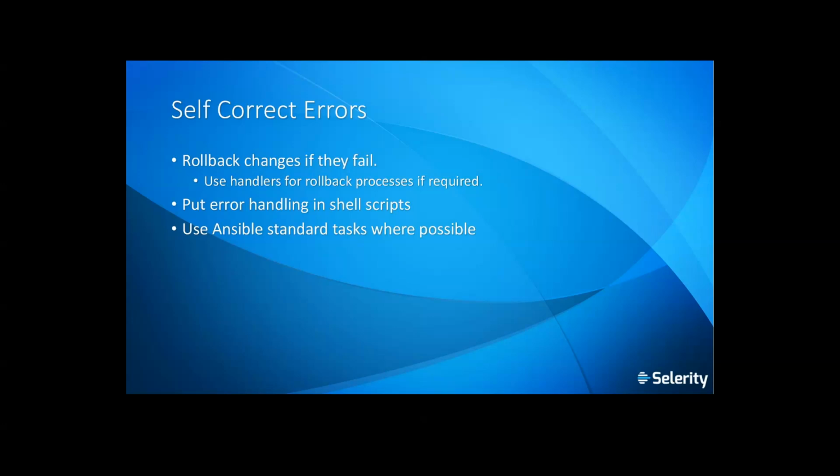That's typically the case, in particular with any kind of file-based operation. If you're having to use shell scripts and batch files, put error handling in them. They're the types of techniques that you try to employ.